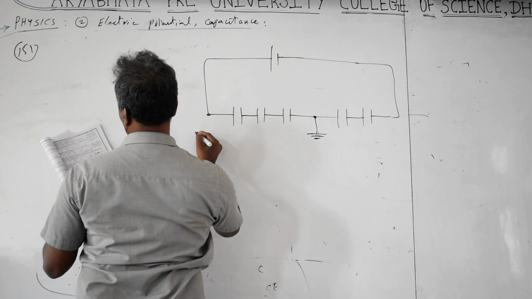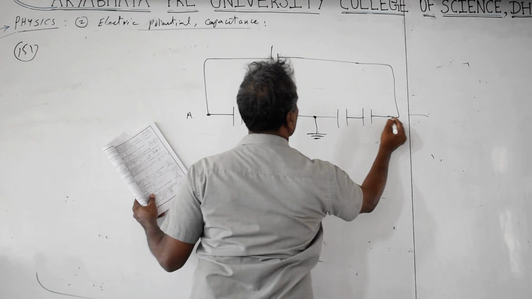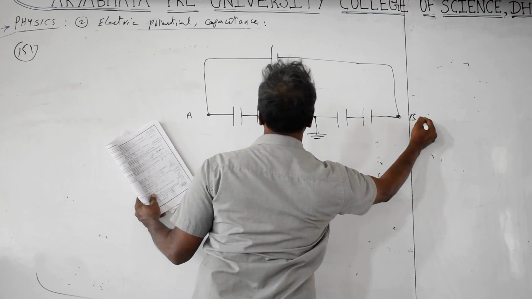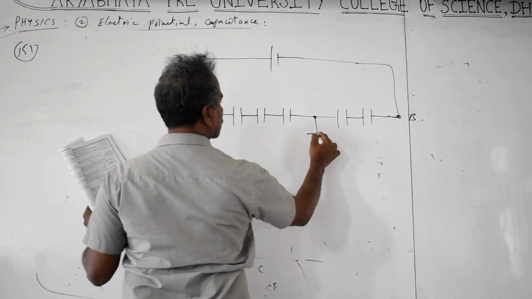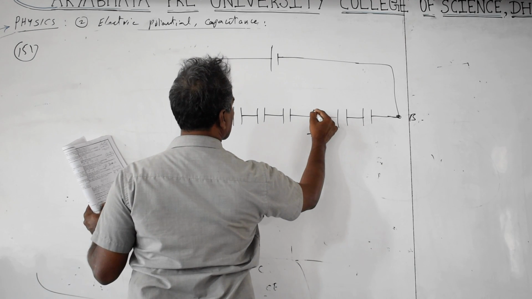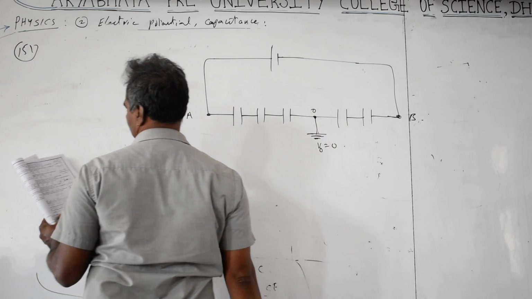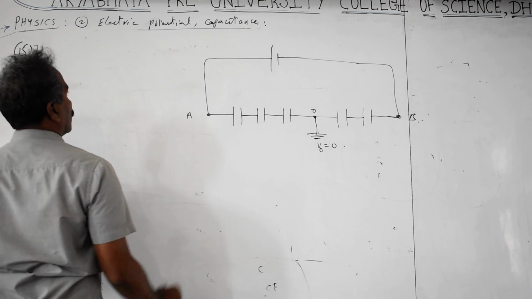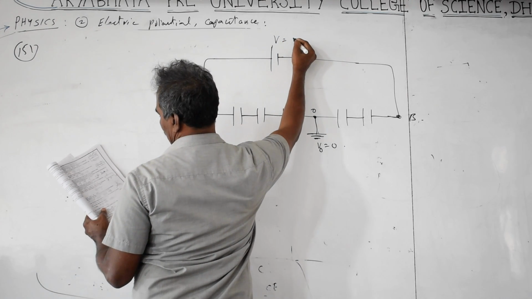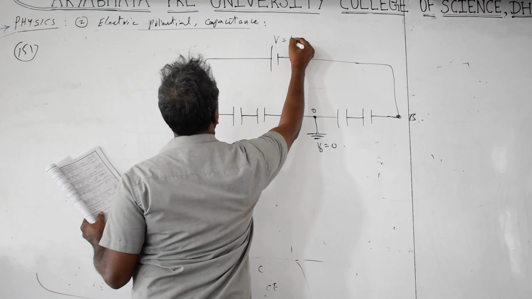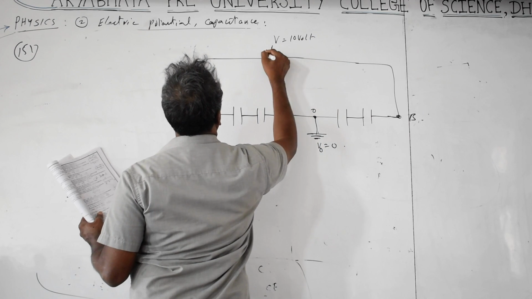Here point A, this edge point is B, and this potential, this O I will take, or C we can take, V_O equal to 0, that is earthing, and voltage of the battery is equal to 10 volts, plus minus.